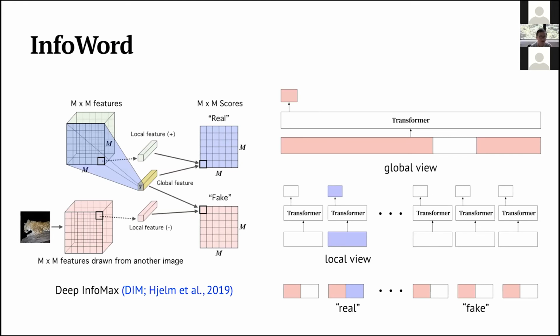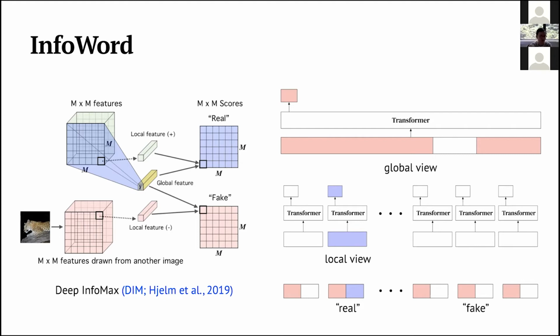So knowing this, what can we do? We can use this view to design better objectives. We take inspiration from Deep InfoMax, which comes from computer vision. The view there is that you have a figure, and you have a global feature, where you take the whole image and encode it into a vector.